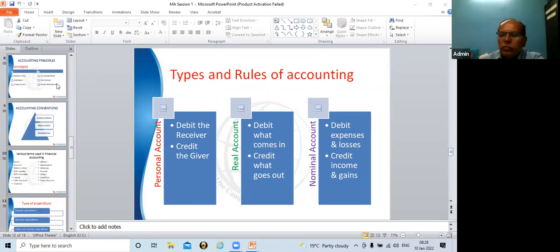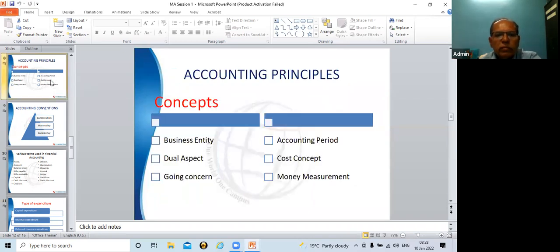Those who would like to have a screenshot are welcome. Before we go for journal entry, I am putting this slide. This is accounting concepts and convention. This we have learned. If you wish to have a screenshot, you can have it.